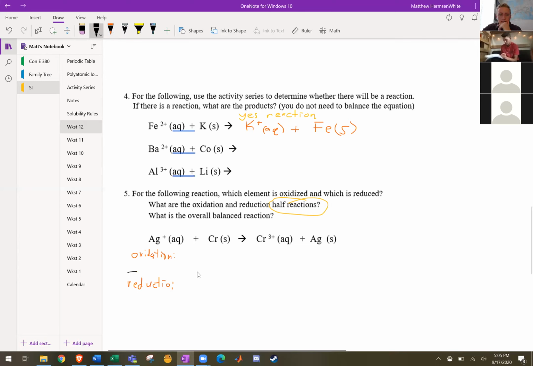So let's do the oxidation and reduction reactions. Which one of these, silver or chromium, is oxidized and which is reduced? Well, they'd both be 0, right? So chromium to start would be 0, but this one is explicitly stated as +1. Yeah.